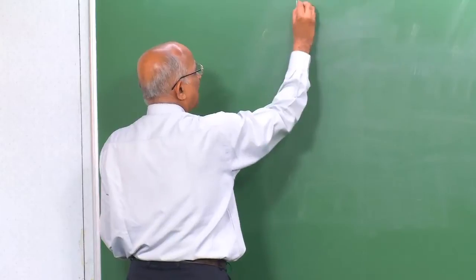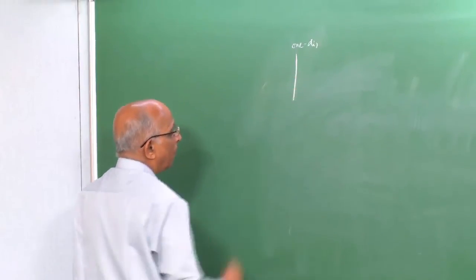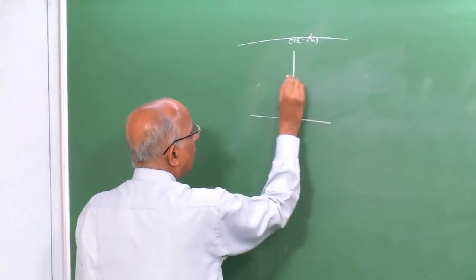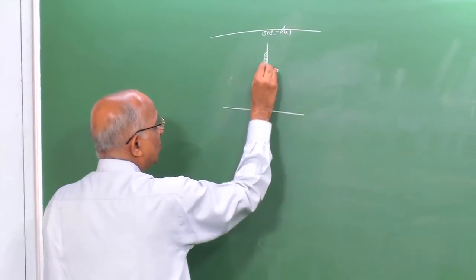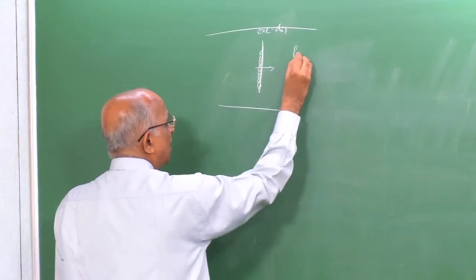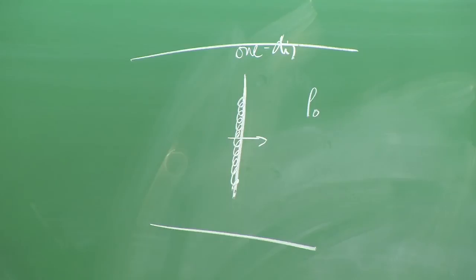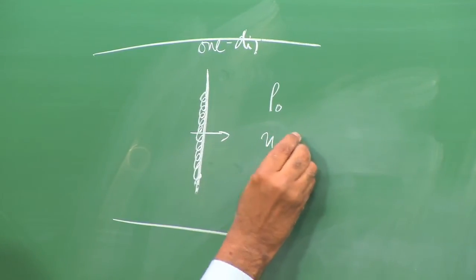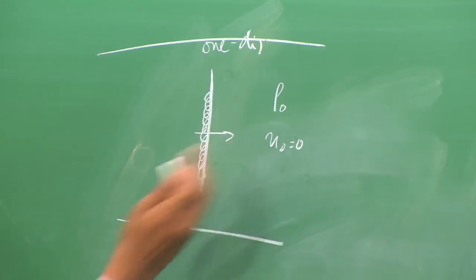That means I just have a shock, and this shock is propagating with chemical reaction. This shock is supported by chemical reactions, and it is propagating into a medium whose density is, let us say, rho 0. Let us say the medium has no velocity, u0 is equal to 0, that is, the medium is stagnant.